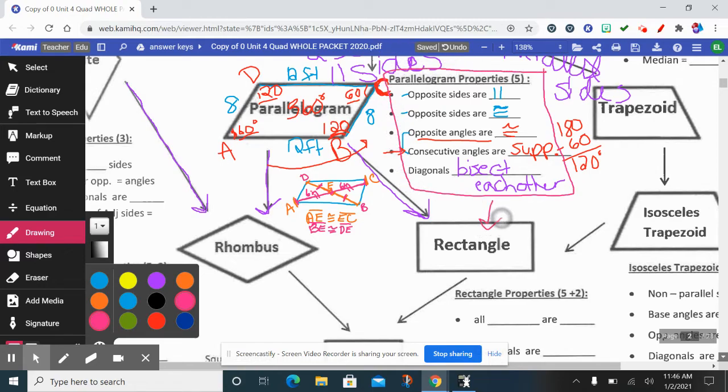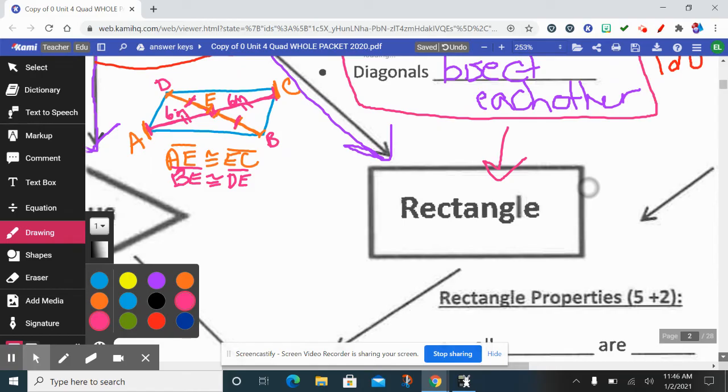We're also going to be working on the rectangle today. So those 5 rules are also true of a rectangle. Its opposite sides, this side and this side, are congruent. That side and that side. Its opposite angles are congruent. But something else is added in with the angles. A rectangle is a parallelogram kind of just tilted back up 90 degrees.